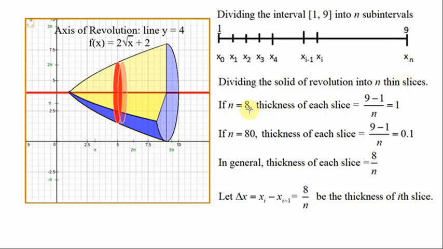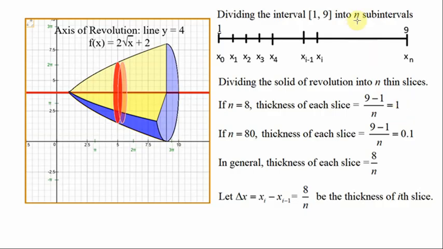Let's say that n is 8, and then we would have 8 sub-intervals. The length of each sub-interval would be 1, because 9 minus 1 over 8 is 1.